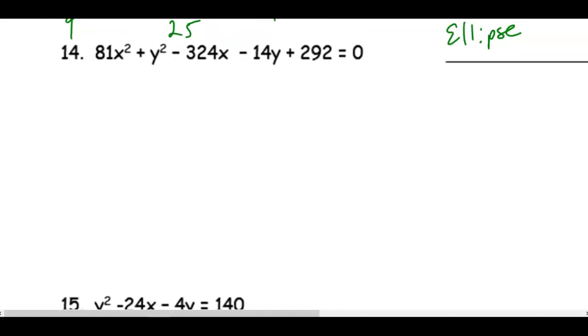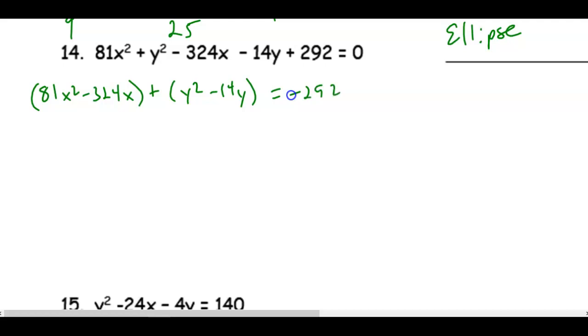Now, completing the square. So group the x's and the y's. Plus y squared minus 14y equals negative 292 on the other side.